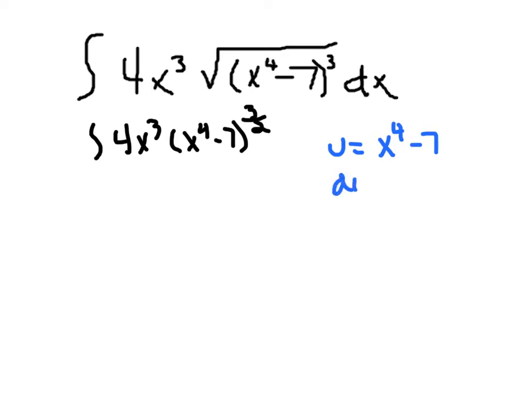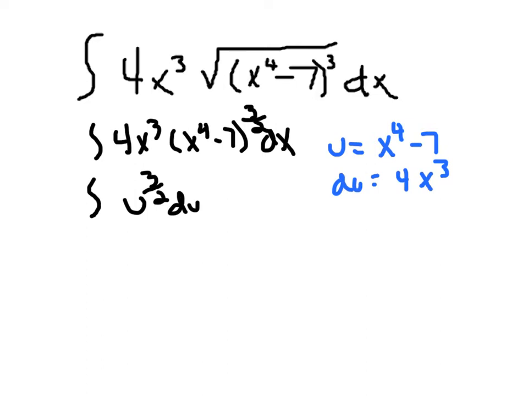That would make du equal to 4x cubed. So here I have one of the u-subs that is set up perfectly for me because I now do the substitution and I get u to the 3/2 and the 4x cubed and the dx that I didn't write. The 4x cubed and the dx make up du.